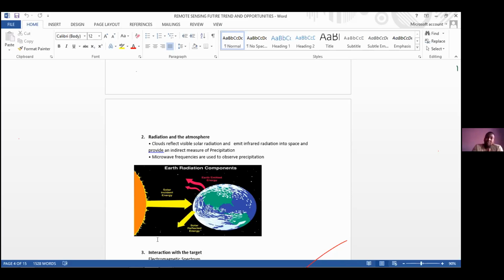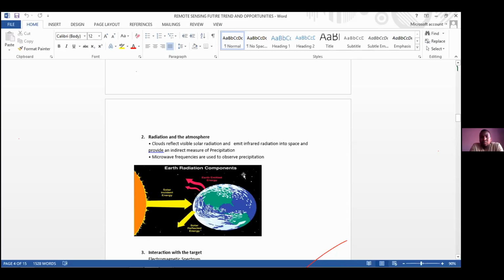Once it's reflected back to space, the sensor is able to pick up that signal, which gives you information about that water. If it's on plants, once the radiation is reflected by the plants back to space, the sensors receive that electromagnetic radiation and give you information about those plants.